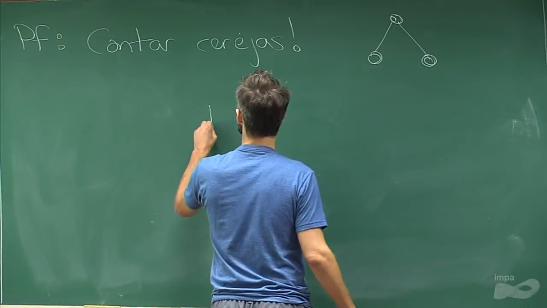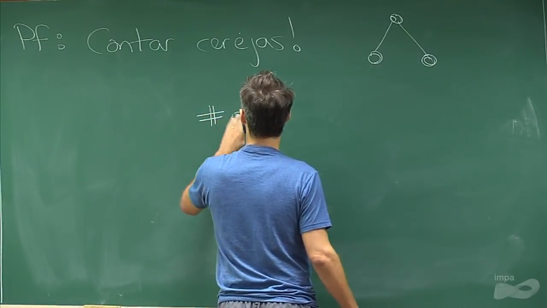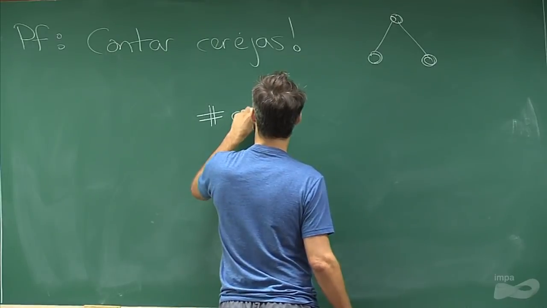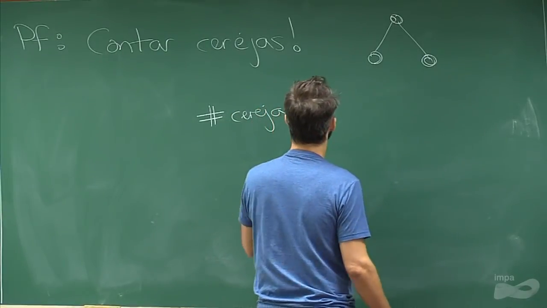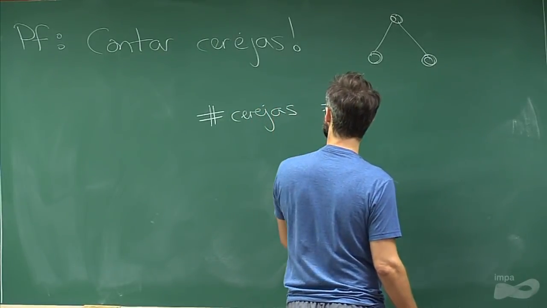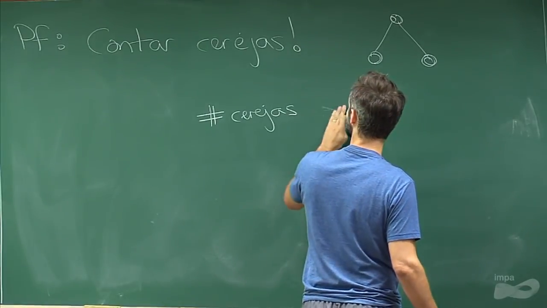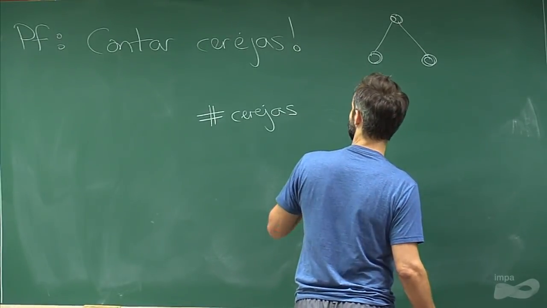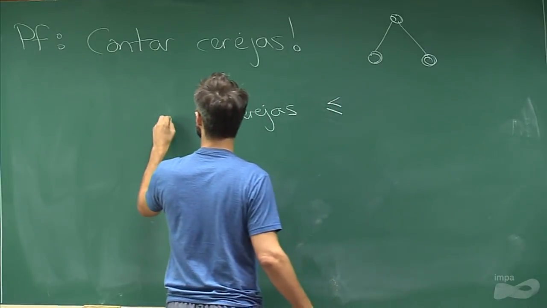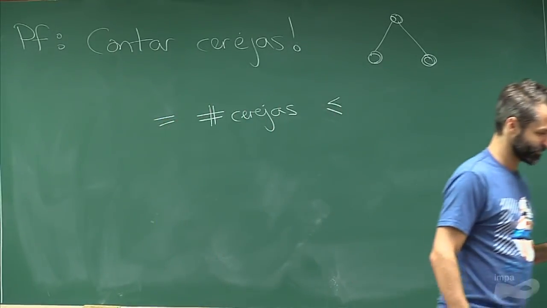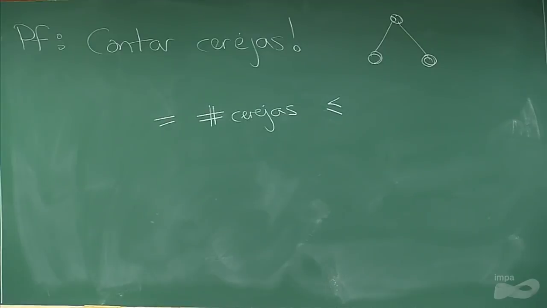I would like two bounds: a formula for exactly how many there are, and an upper bound. And I'd like to do this by counting in two different ways.